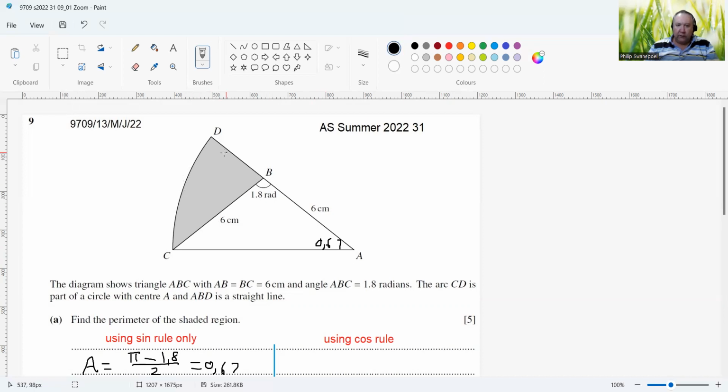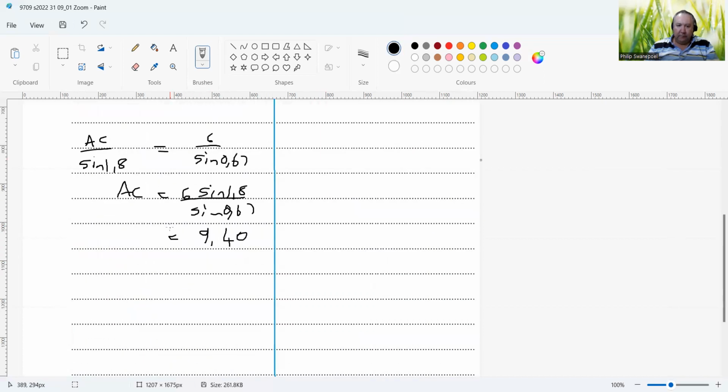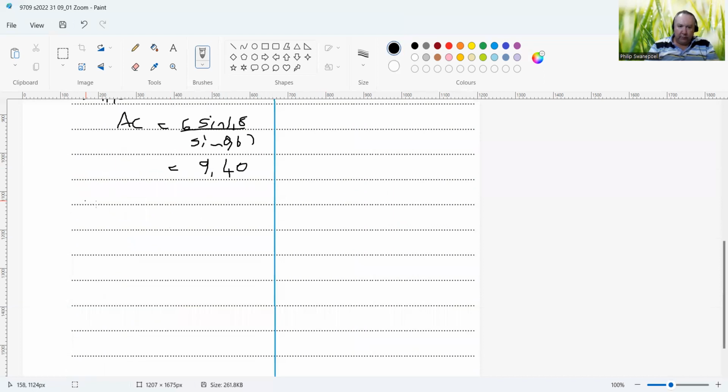So the only thing we need to calculate is CD, and CD we will say is 9.4 times the angle, which is 0.67. And that gives us 6.31 units.